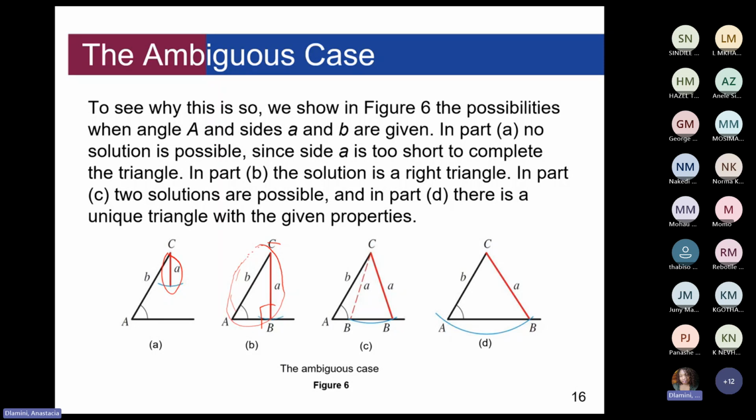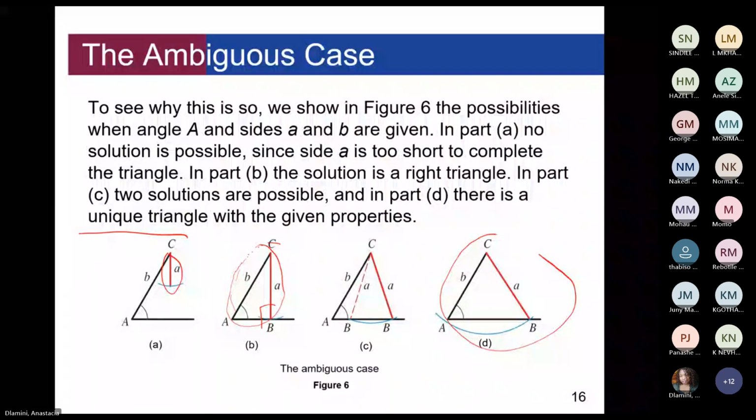Or you can have a solution like C, where you are given information, and then when you calculate, you now have 2 triangles. You have this small triangle inside here, and then you have this outer triangle there. Or you can have a case like D, where you only have one complete unique triangle. The ambiguous case. Are we together?